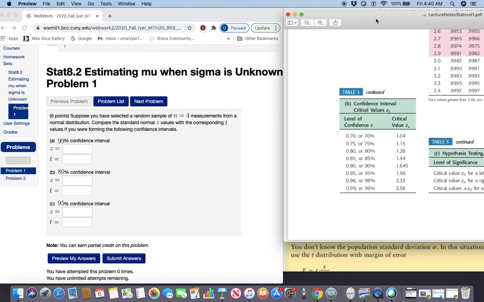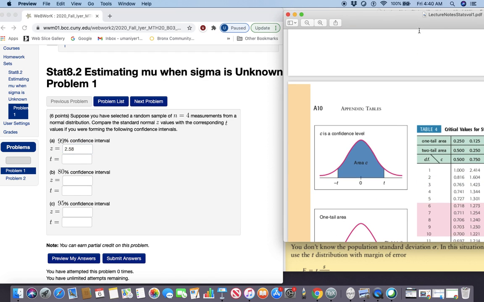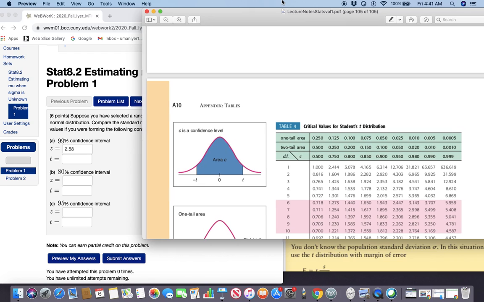Okay, so let's put in 2.58 for z, and if it doesn't agree, then I'll put in 2.575. t is the corresponding critical value from the student's t distribution.